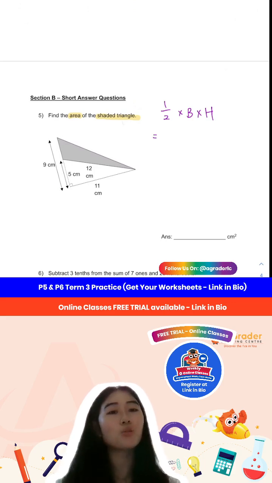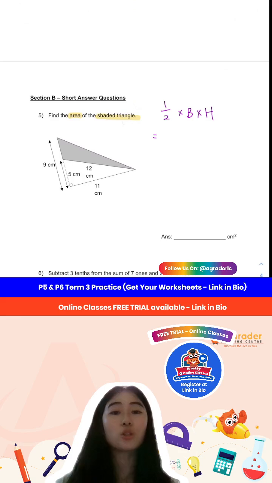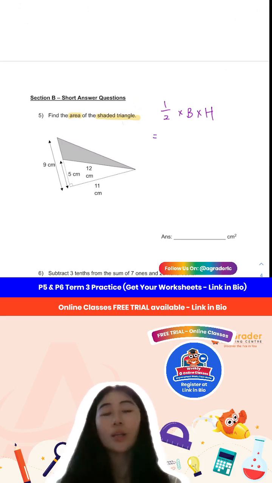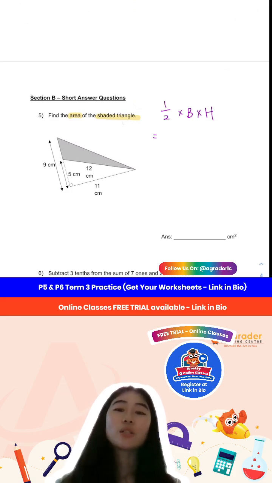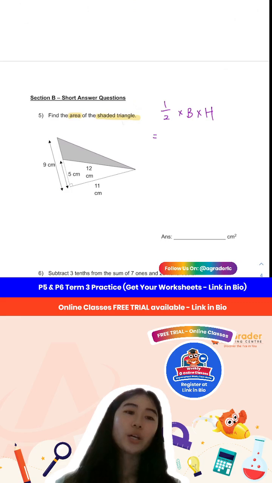But first, of course, you need to know what's the base and what's the height of this triangle, right? Can you guys let me know in the chat, what do you think is the base? What is the height of this triangle? Alan, no, it's not. Okay, so Cuba says it's 4 cm and 11 cm.